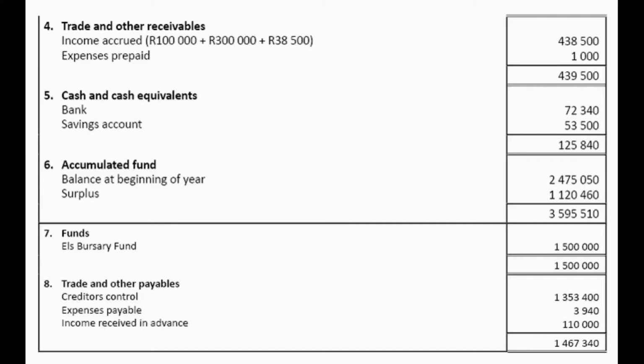And then the surplus you have calculated in the income and expenditure account. All right. And it's also seen now in the statement of income and expenditure. Okay. And that gives you that accumulated fund total of 3,595,510.